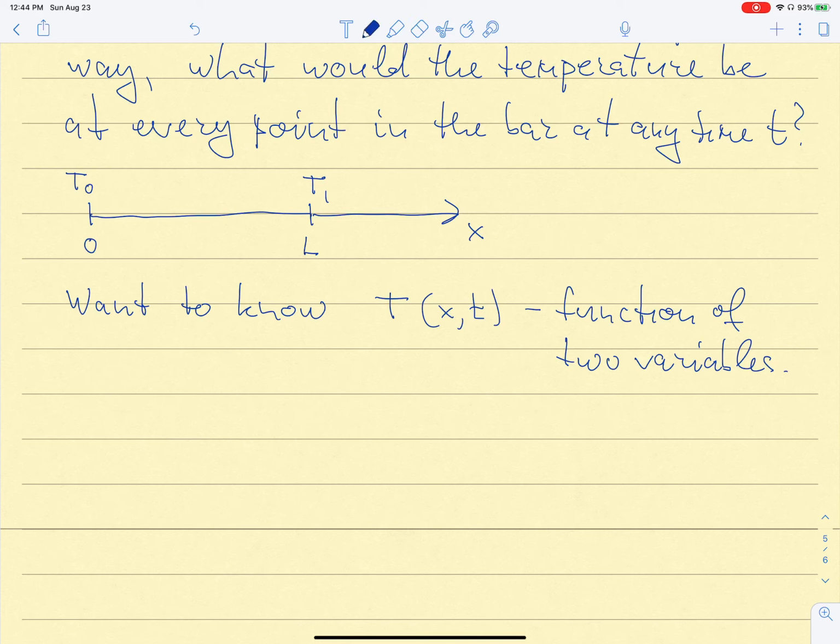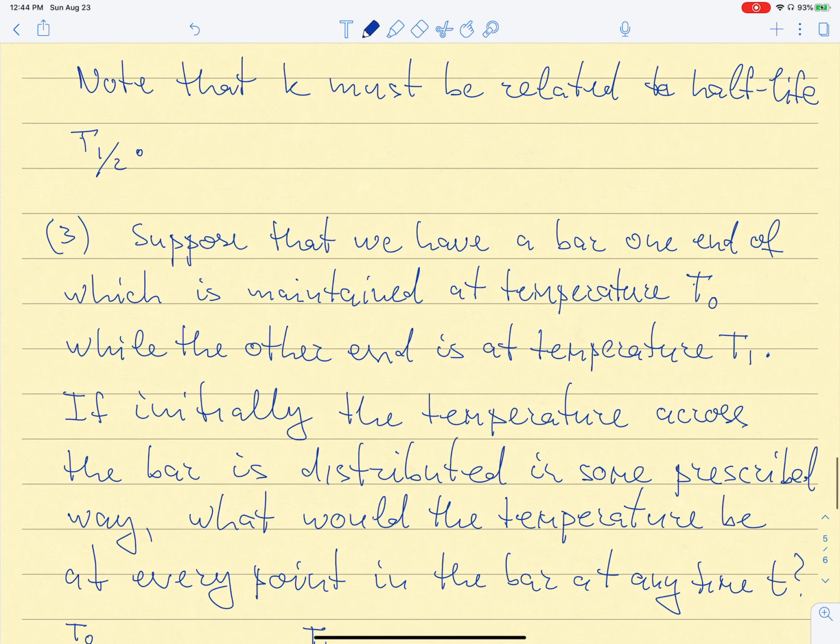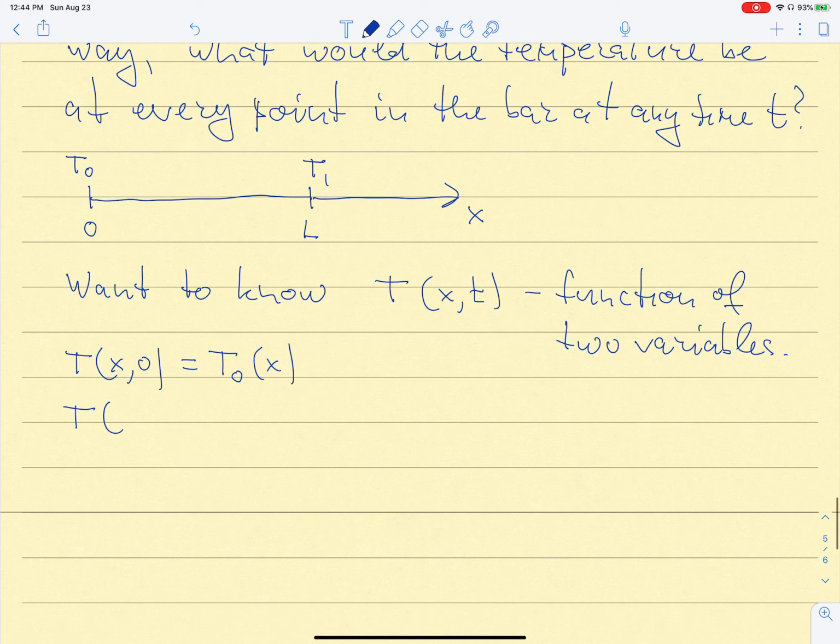So what do we know already? What I've given you is that at the time 0, you have some temperature distribution. Let's call it T0 of x. I've given you that temperature at, did I say left, right? I said one and another end.